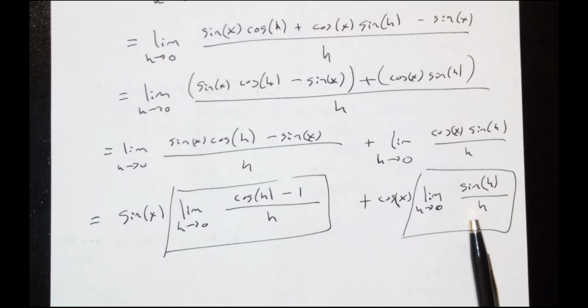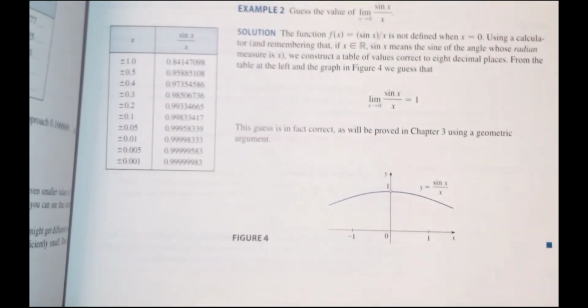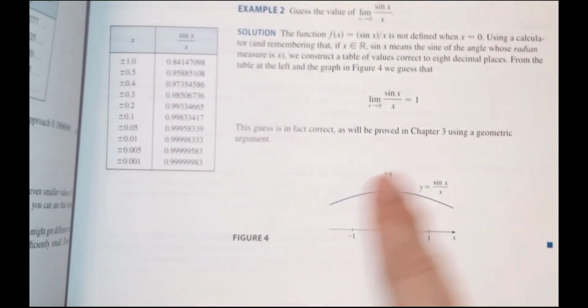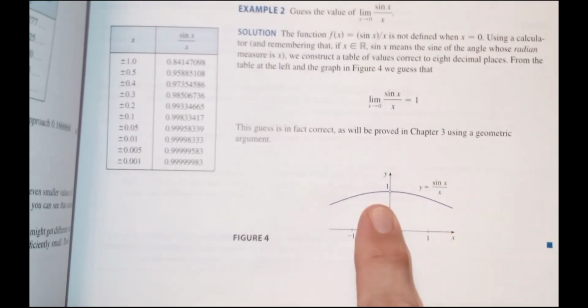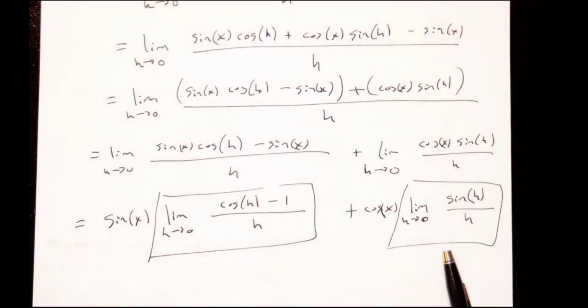Yes, one. Exactly. Page 85, bottom of the page. That was the graph we did. There's a hole in the graph, but the limit works perfectly fine. I'm going to take that and run with it. This box has a value of 1.